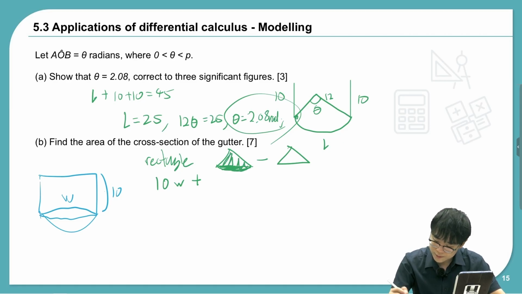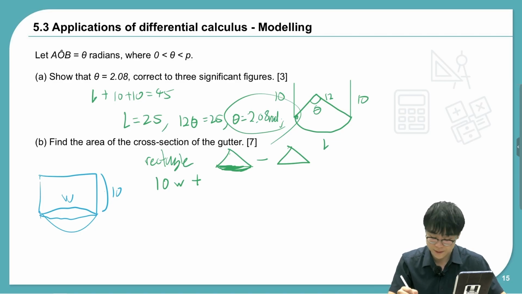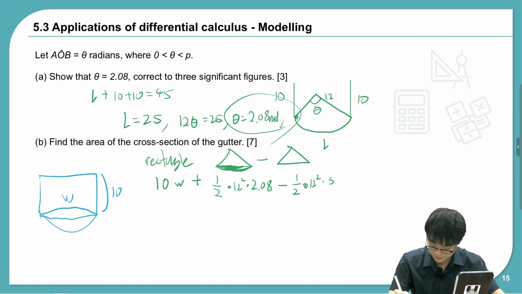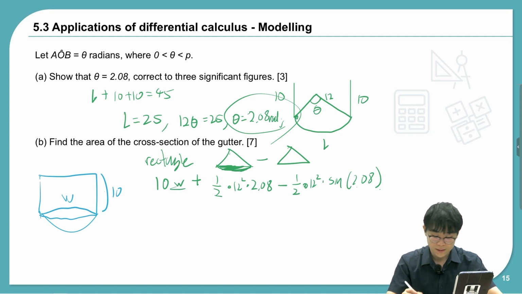So we want to find the sector area formula, which is 1/2 r squared theta. So 12 squared times 2.08 minus 1/2 12 squared times sine of 2.08. Now we have to find what W is, and we can do that by using this triangle.